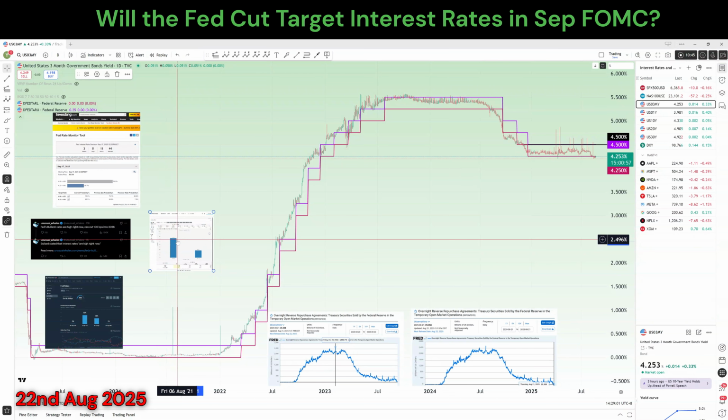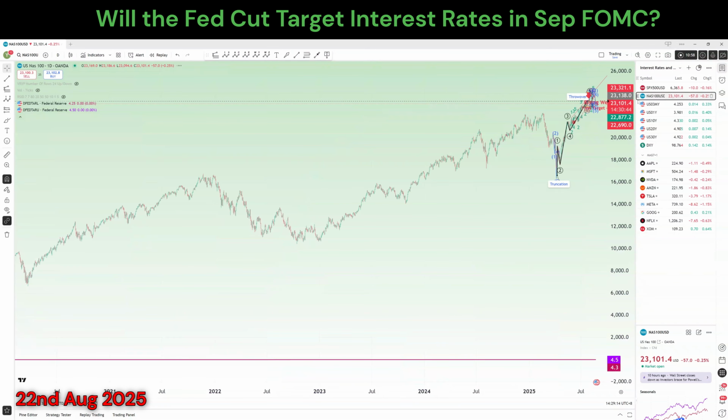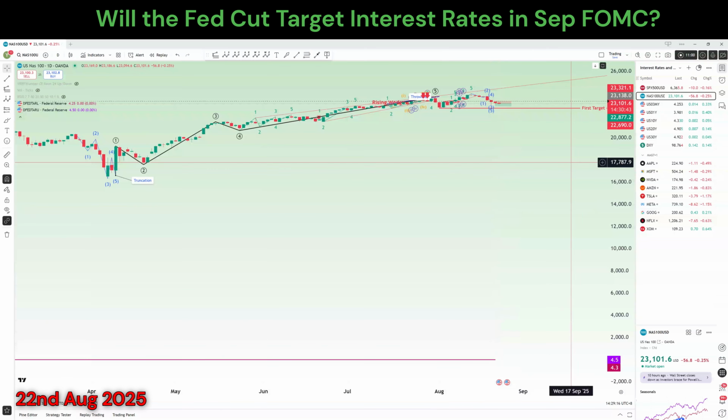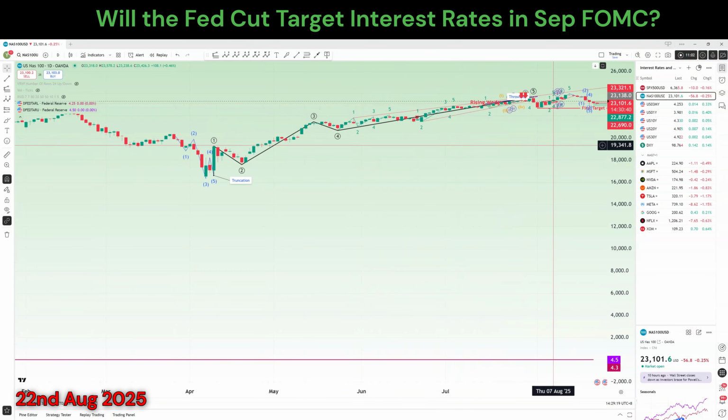Okay, then I want to address the question on why is the market moving up. It is so high already, and why does it keep going up?